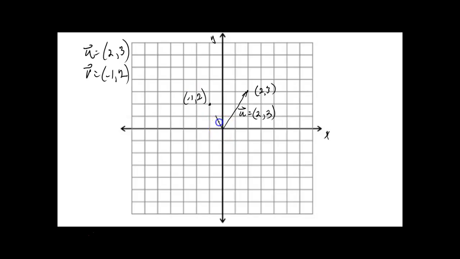And from the origin up to that, you would have the vector v, which is (-1, 2). Same components as the point has coordinates. Okay. Now, they drew them on 2 different axes, nothing to keep you from drawing on the same axis. Any questions on that? Pretty simple stuff, right?